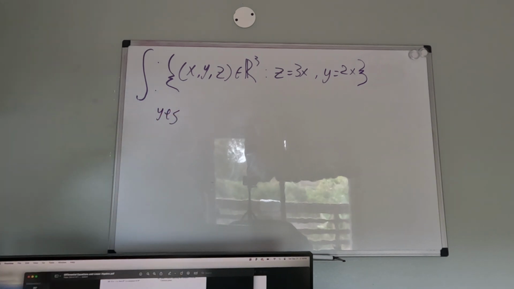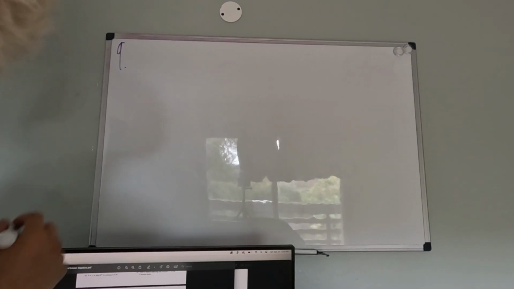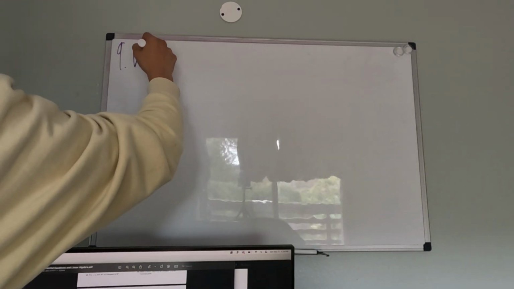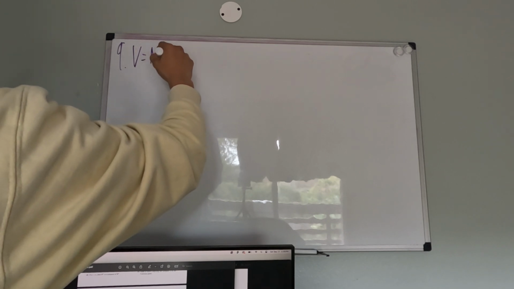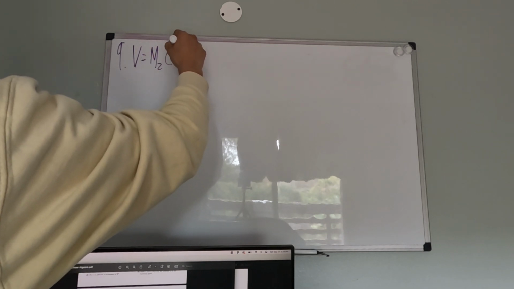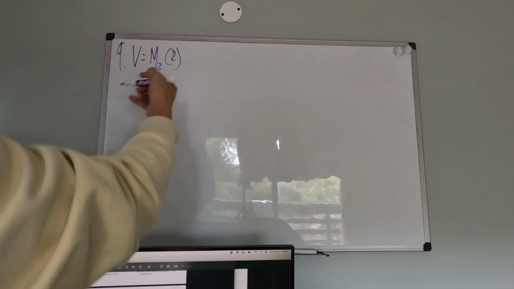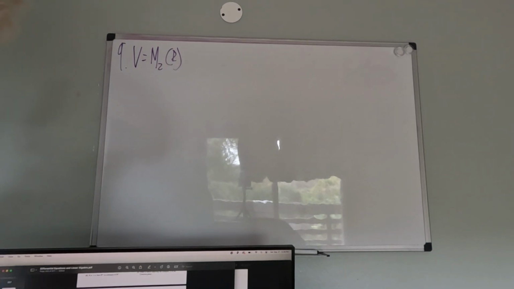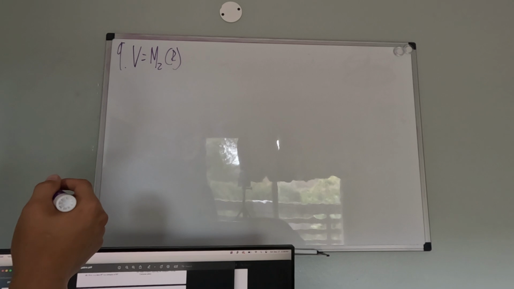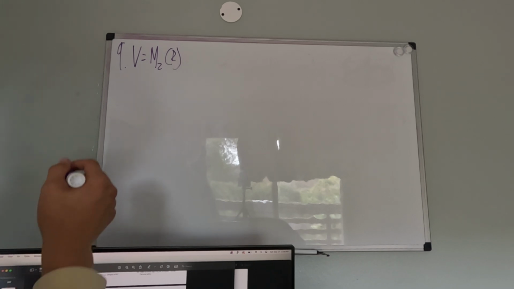Okay, next question. This time our vector space is all matrices. That's just saying it with the real numbers, but all M2, which is all 2 by 2 matrices with determinant 1. So what does that mean?